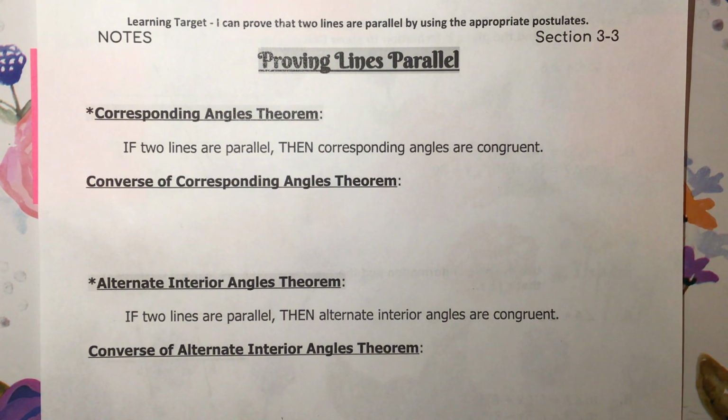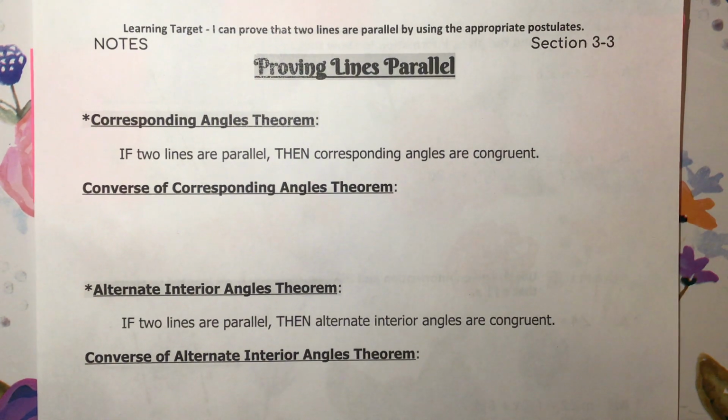In this unit, we're going to be told something about the angles in order to prove that the lines are parallel. So it's just kind of in reverse. You've already been introduced to the original theorems that I have up here, and we are going to talk about the converse.